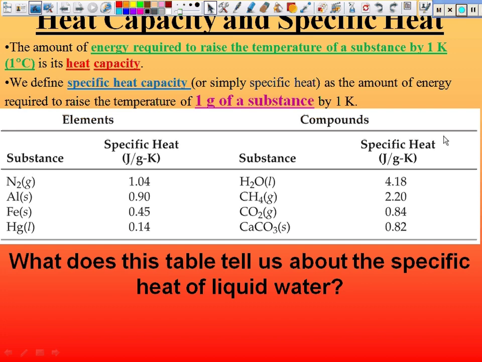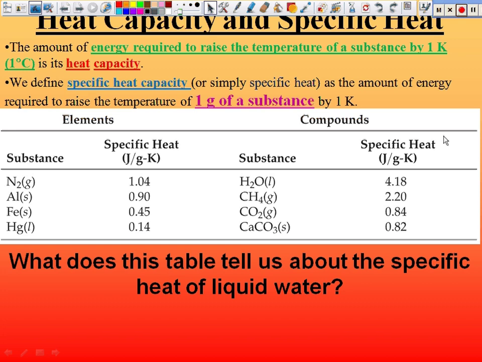Again, specific heat is the amount of energy required to raise the temperature of a substance by 1 degree. We define specific heat as, again, of 1 gram. And look at this chart. Of this chart, which one has the highest specific heat capacity? Water. So this bottom question, what does this table tell us about the specific heat of liquid water?